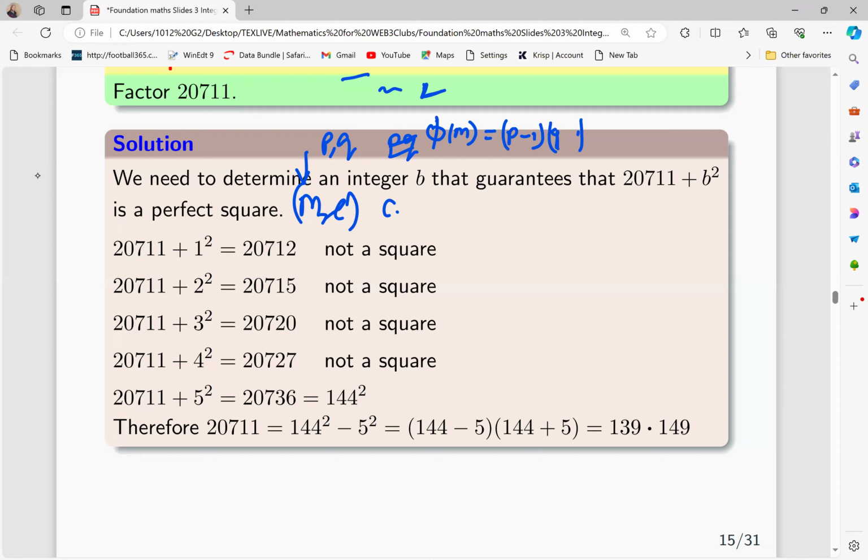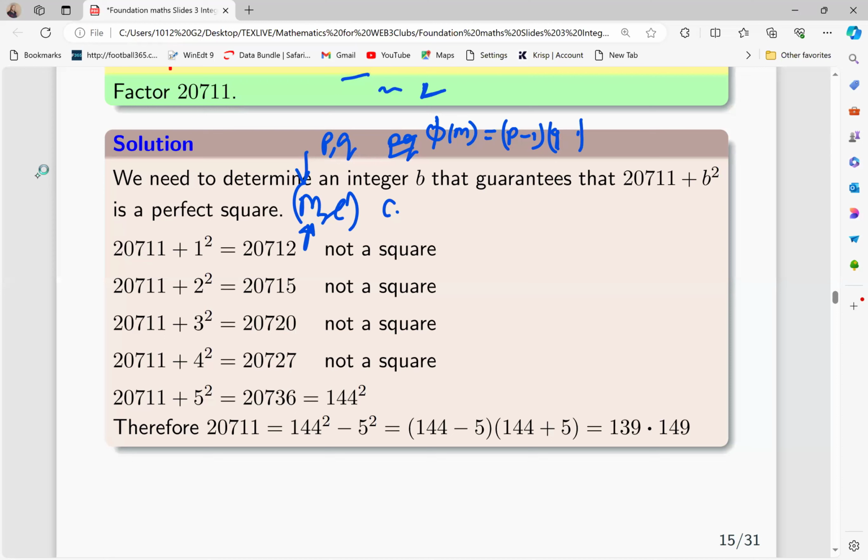Remember that it's not easy to get Euler phi from M intact the way it is, because it's a very huge number. For you to get it, you must factorize it first. So you must factorize, get P, get Q, then get Euler phi.